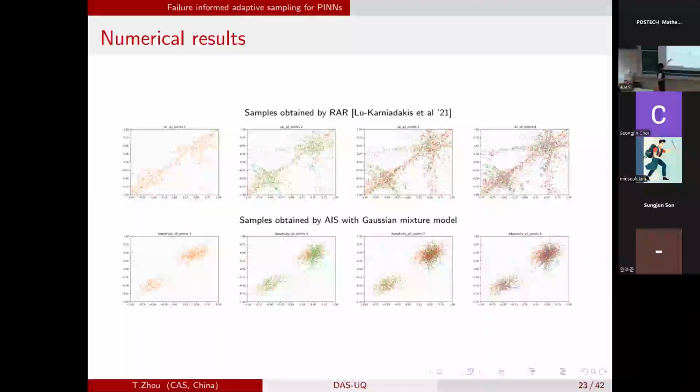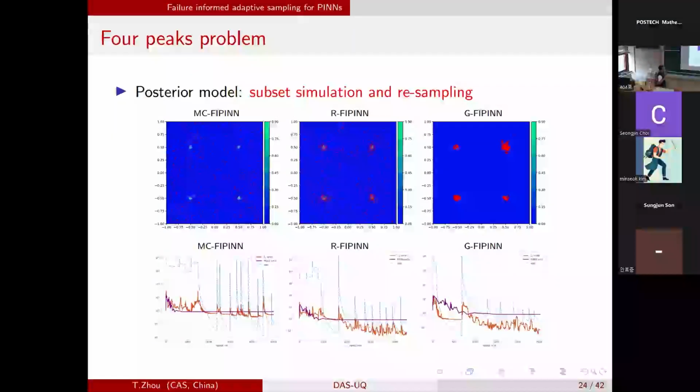And you can see that the background is the initial training points, and in each iteration you add new training points to the two peaks. This is another example, the four peaks example. In this example, we use a more complex model called subset simulation in the statistics community, and we use the risk sampling scheme for this example.